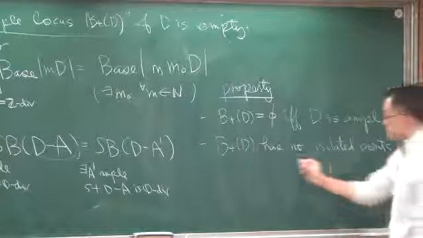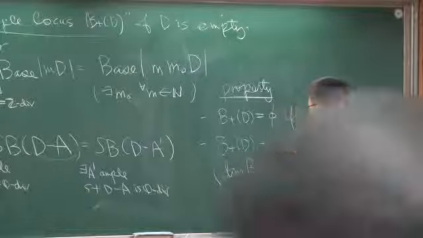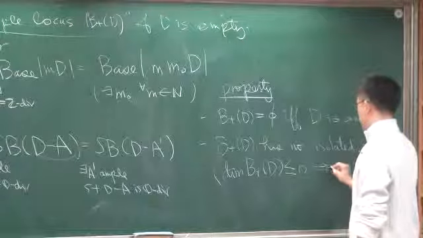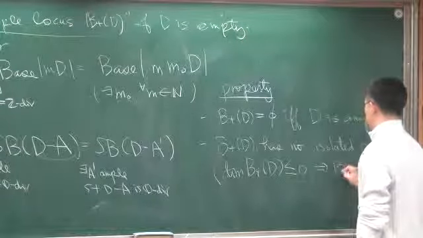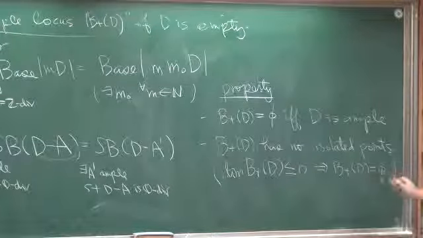Okay. So this means if dimension of B_+(D) is less than or equal to 0, then B_+(D) is empty because it doesn't have any isolated points.